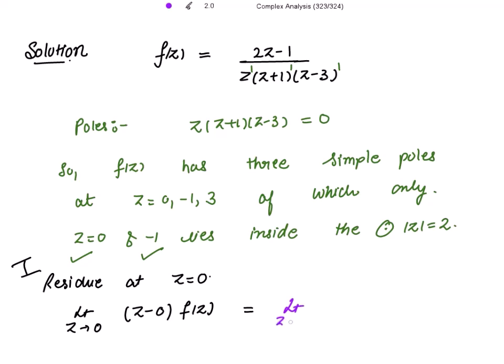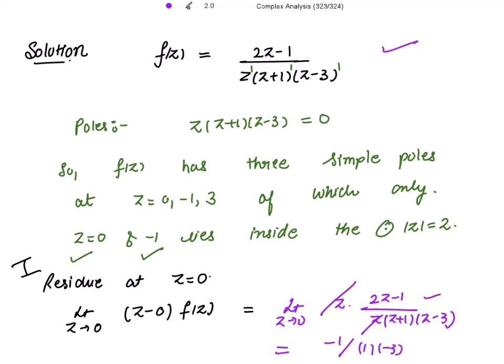So this is the limit z tending to 0, this is z, writing the function: (2z - 1) divided by z(z + 1)(z - 3). The z cancels out, and putting z = 0, we get -1 in the numerator and 1 into -3 in the denominator, that is 1 divided by 3. So the residue is 1/3 for z = 0.